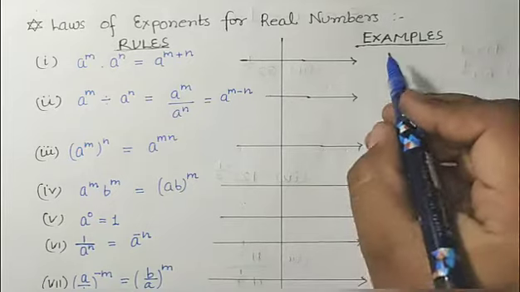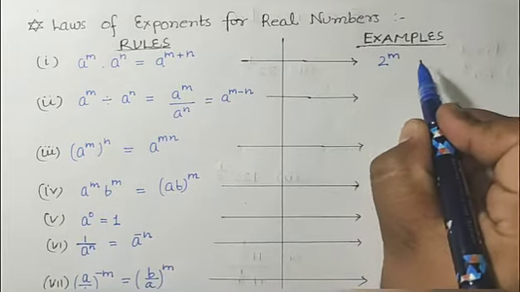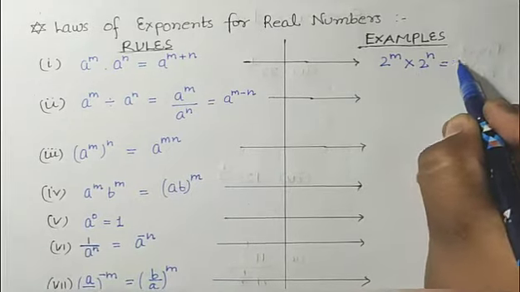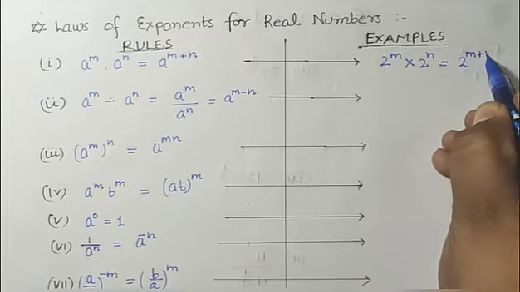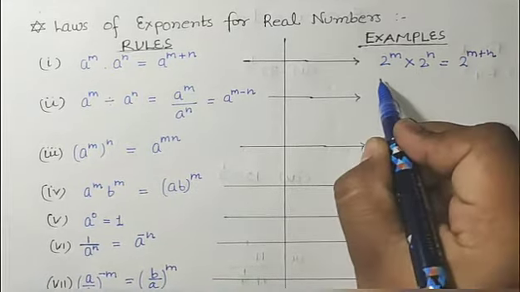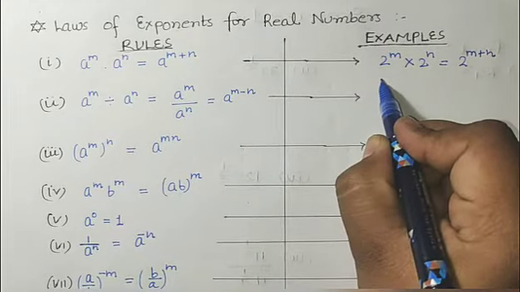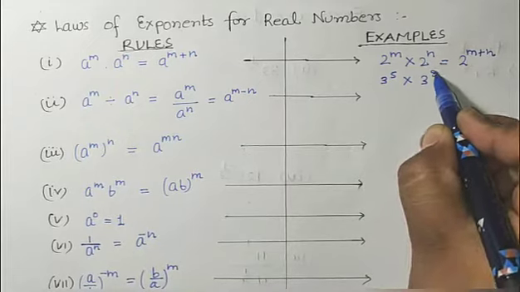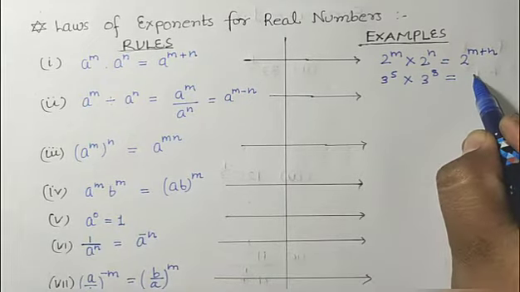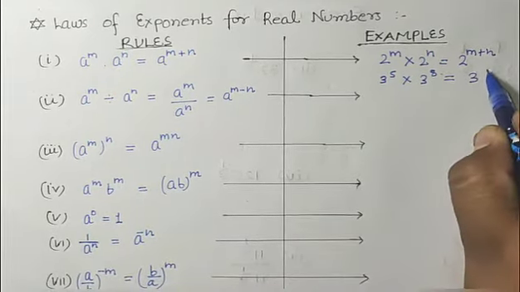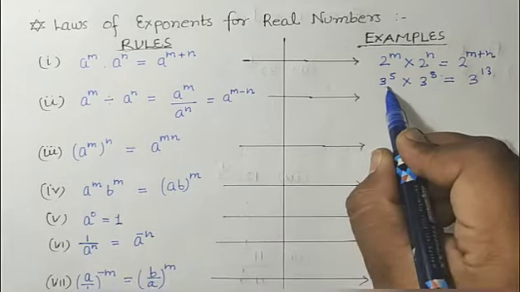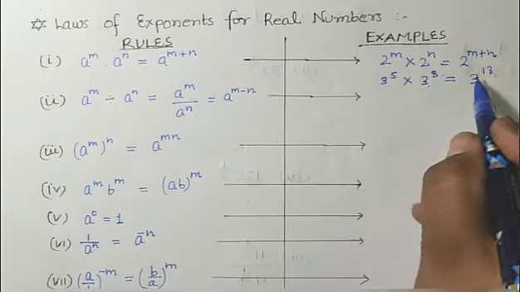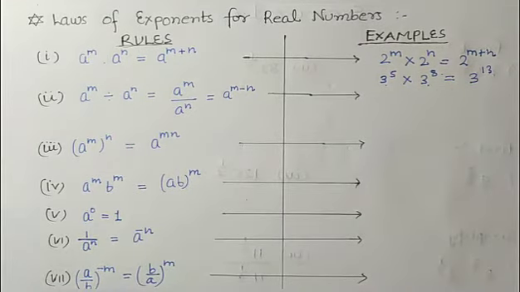For example, 2 to the power m into 2 to the power n will be 2 to the power m plus n. Or 3 to the power 5 multiplied by 3 to the power 8 will be 3 to the power 5 plus 8, that is 13. Means if the base is the same and multiplication is there, then the powers will be added.